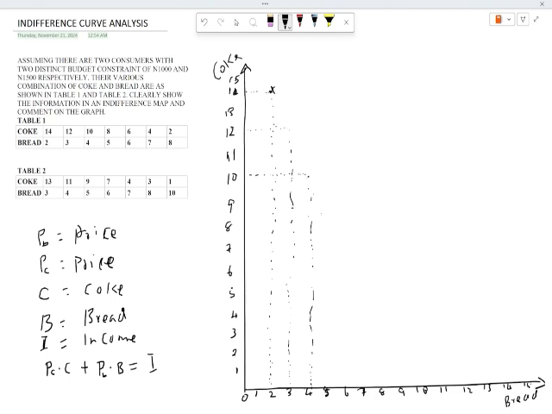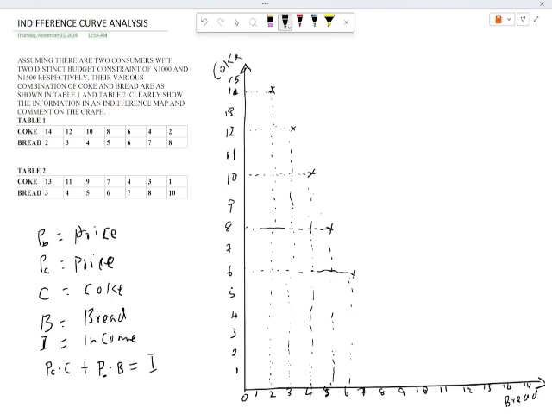Then at 8 coke, there is another combination. Please, you can start this so that you'll be able to trace it later. At 8 coke, we had 5 bread. Then at 6 coke, we had 6 bread.